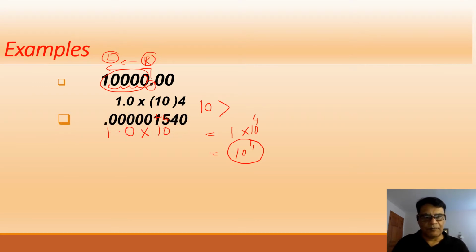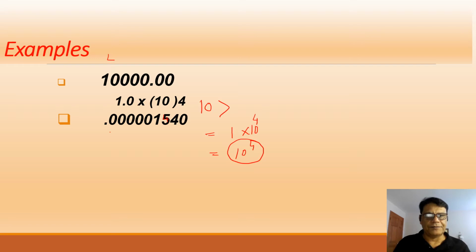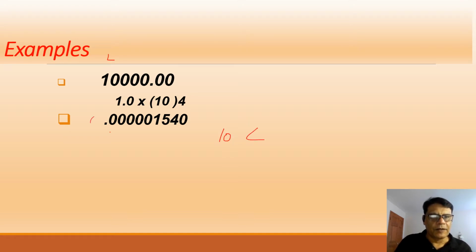Before moving to the next value, let me erase it. And now this value is very small. It's less than 10. It starts from 0. And here's your decimal point.